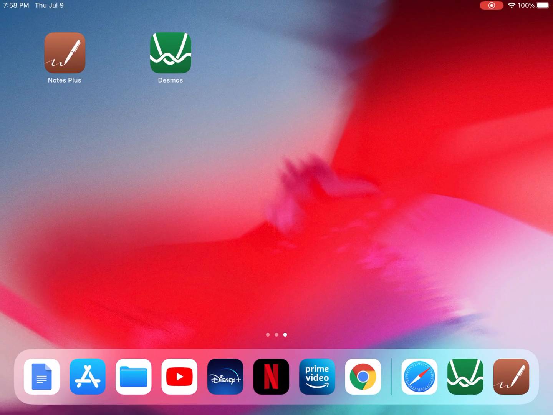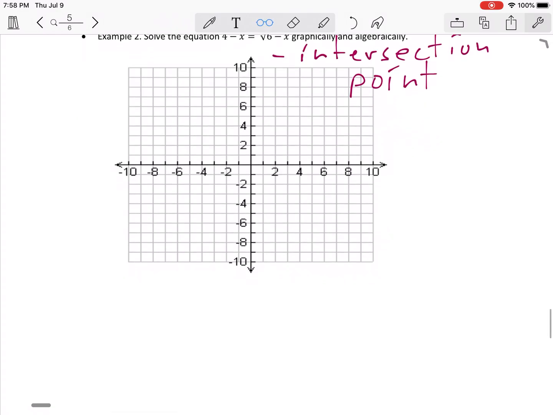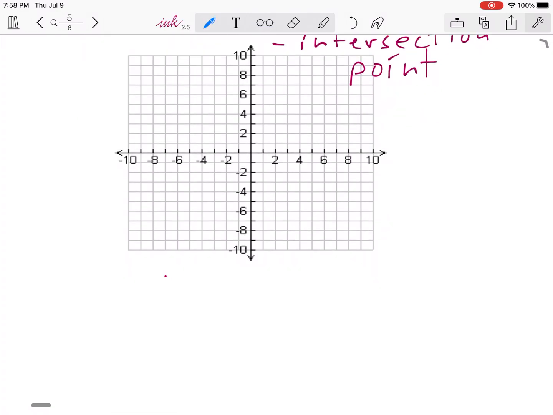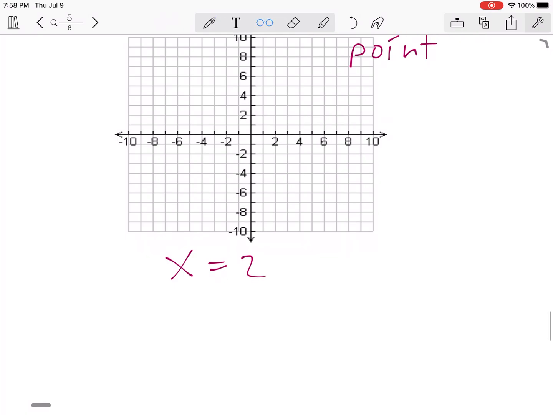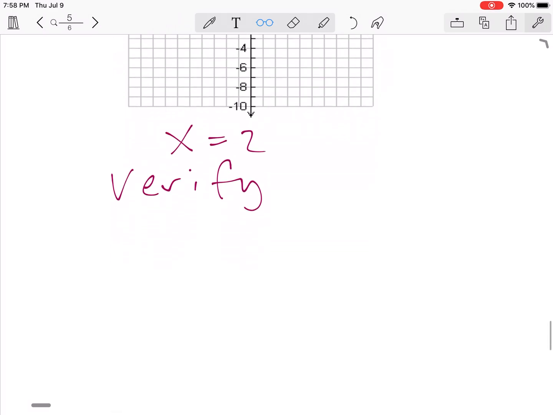Now, one thing we can do with these types of questions is verify that this is the case. The way the verification works is you sub in that value, and you want to show that the left side equals the right side.